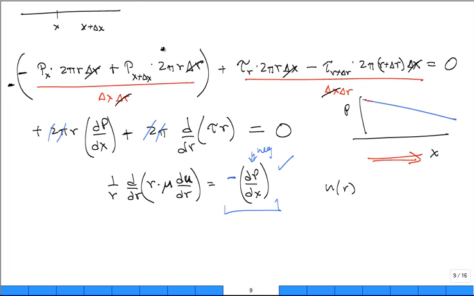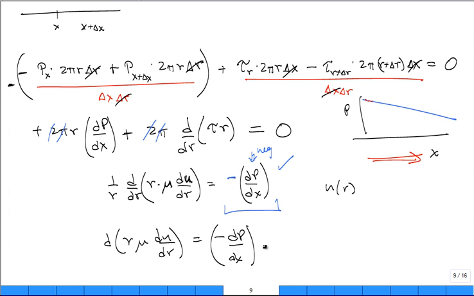So what I'll do is I'll say r mu du dr is equal to negative dp dx. Sometimes I put the parenthesis on that. Keep the negative with the dp dx because then I know that what's inside the parenthesis right here is a positive constant. Some books don't do it, but there you go.